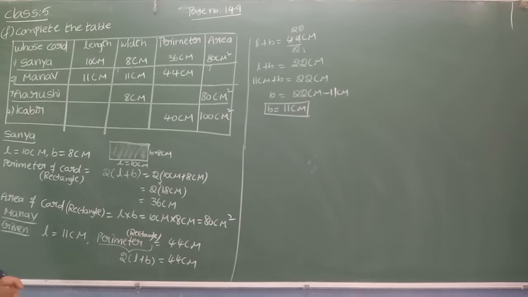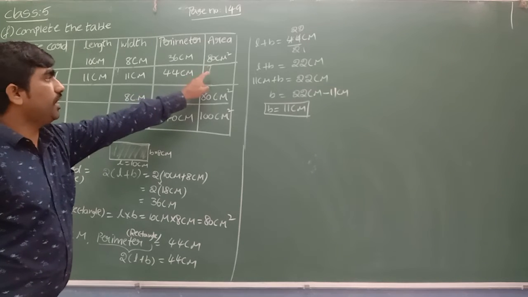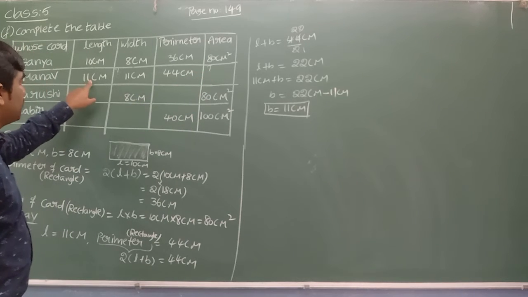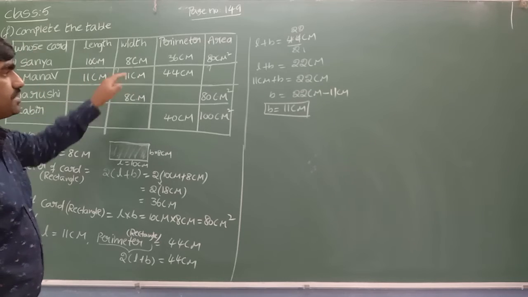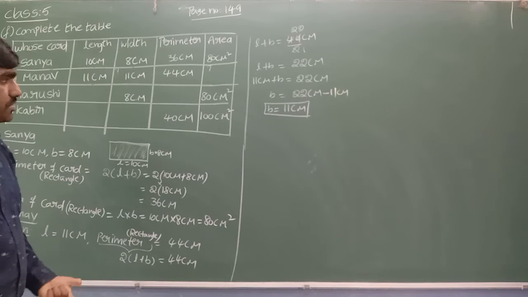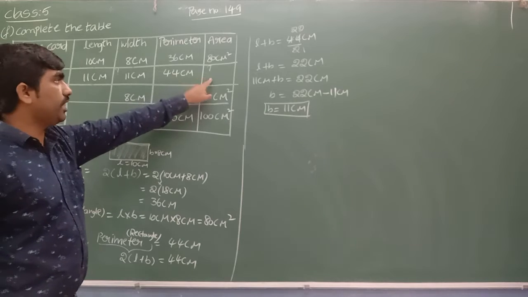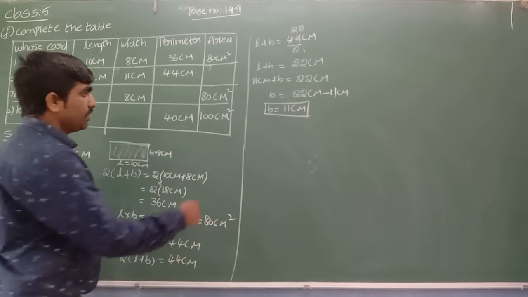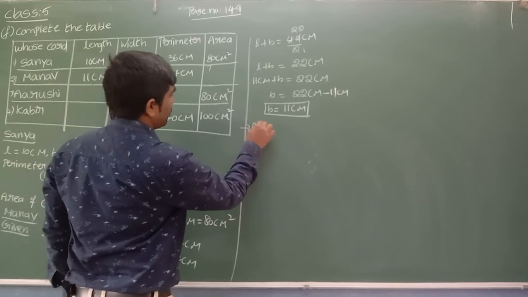Okay? So now we have to find the area. Here the length is 11 centimeters and the width is also 11 centimeters, so it is a square shape. We know how to find the area of a square.